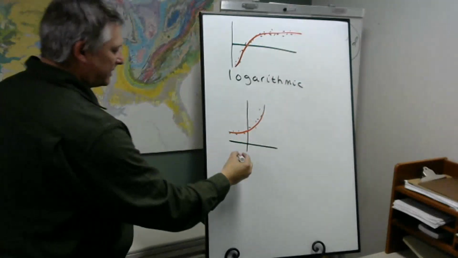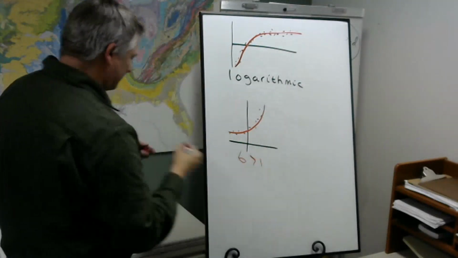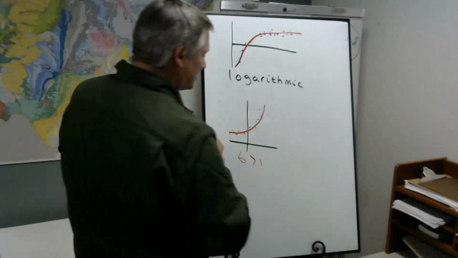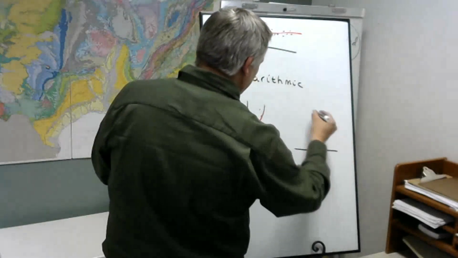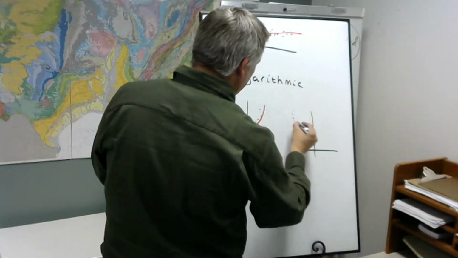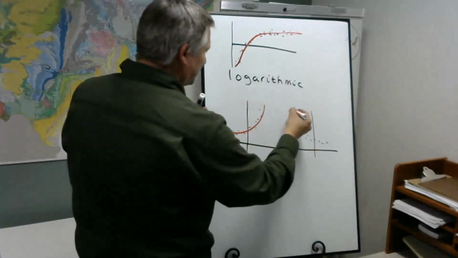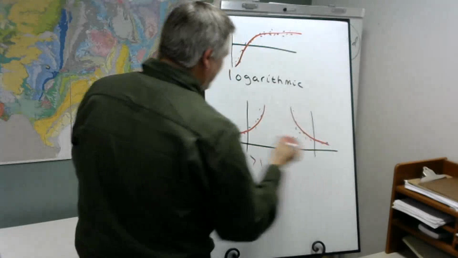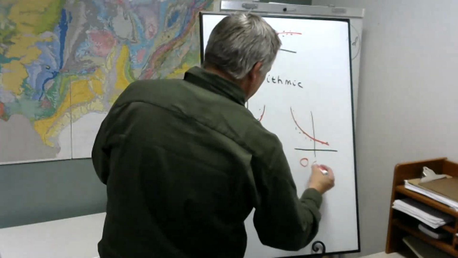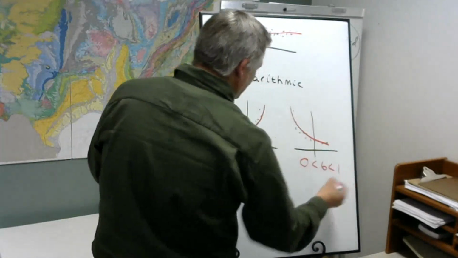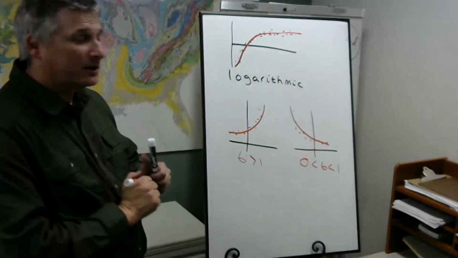So this would be b greater than 1. And then for the other exponential, we try to fit a curve like that. B between 0 and 1.